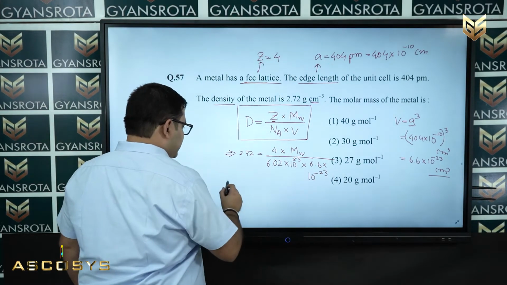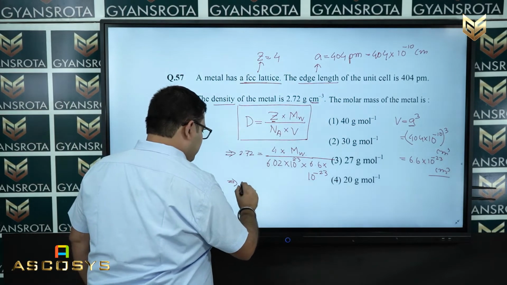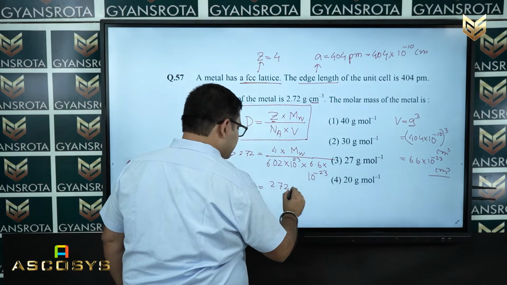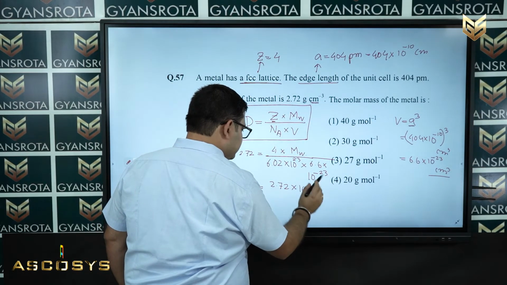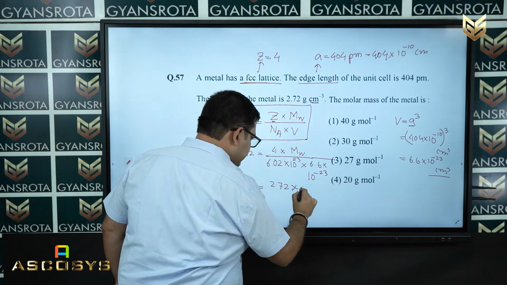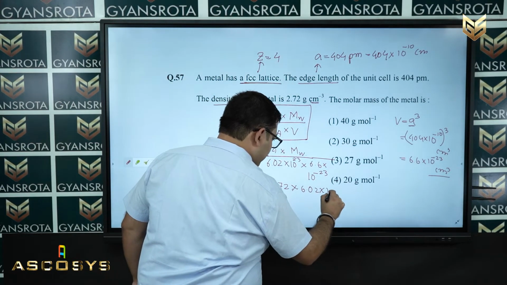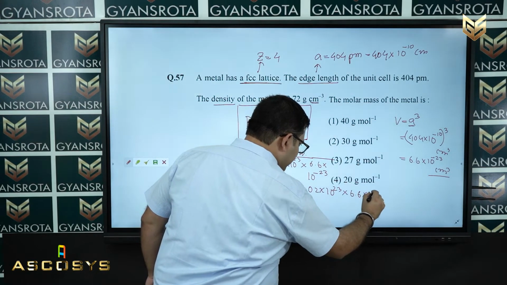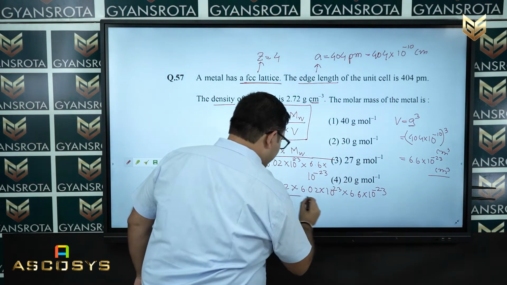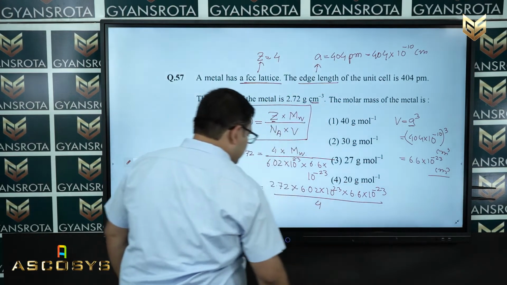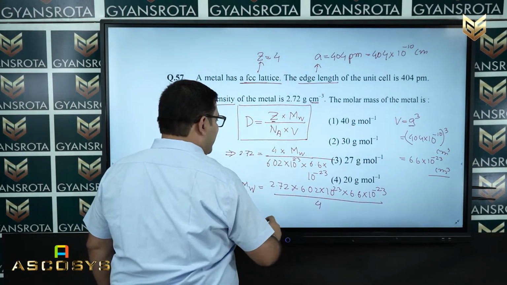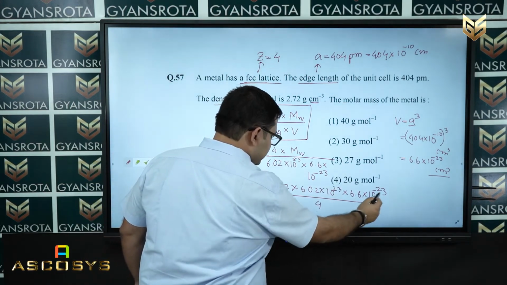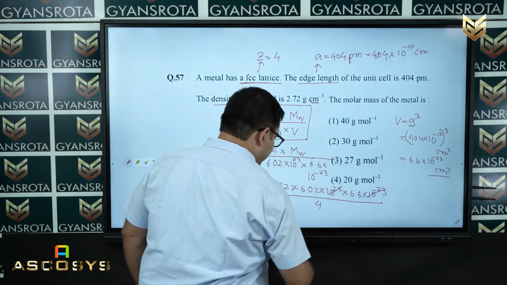Now, MW, if I keep it here, is 2.72 into 6.02 into 10 to the power 23 into 6.6 into 10 to the power minus 23 divided by 4. Now if you solve this part, the 10 to the power 23 and 10 to the power minus 23 will cancel out.